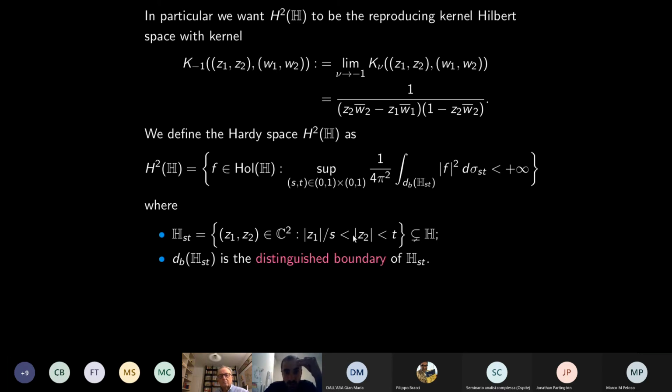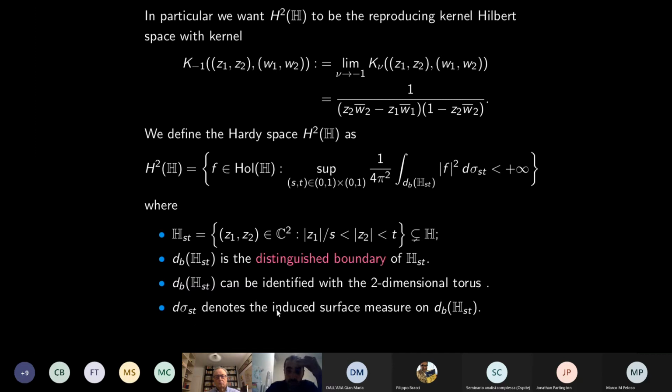It is immediate to see that the distinguished boundary of these domains can be identified with the two-dimensional torus. Then d sigma ST is the induced surface measure on the distinguished boundary of these domains. So we consider the L2 norm here, and we take the supremum over S and T in (0,1) times (0,1).